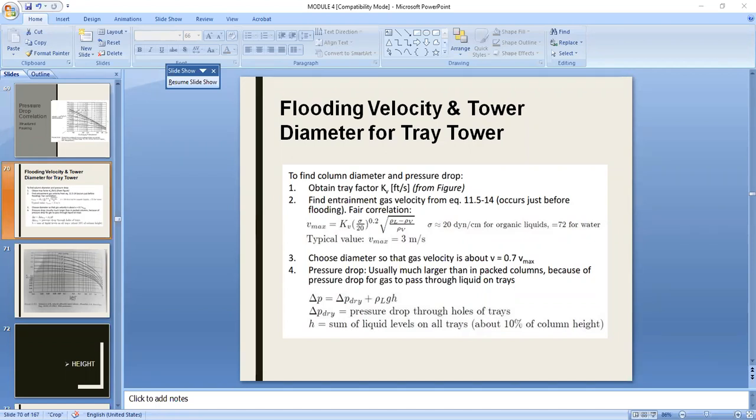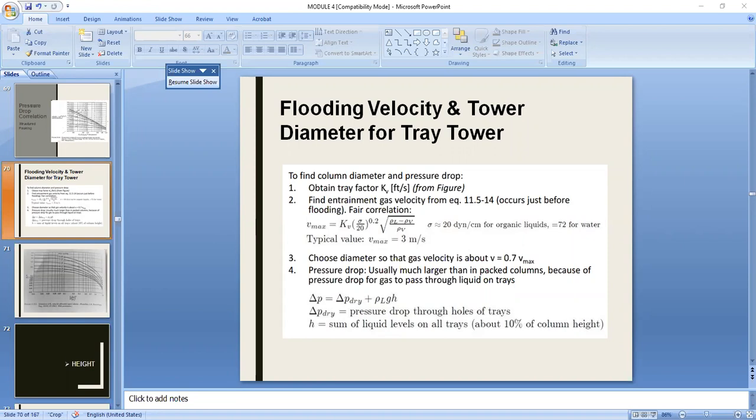Now you choose diameter so that gas velocity is about 0.70 of the V maximum. If you're using a packed column, 60% of the V for flooding; in here, based on the formula of Fair, you use 70% of the V maximum that you have computed. That way, you have a basis in determining your tray tower diameter.